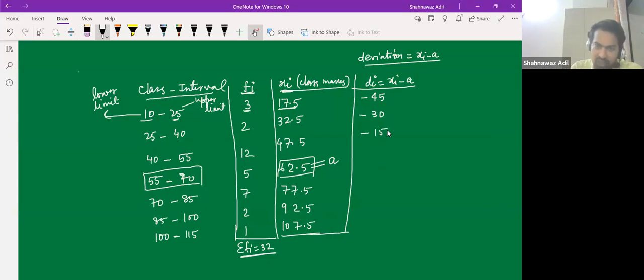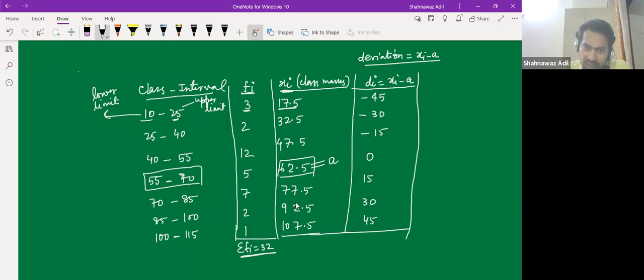This would of course be 0. Then 77.5 minus 62.5 is 15, then 30, and then 45. Now you have calculated di. These are good numbers in comparison to the earlier ones.